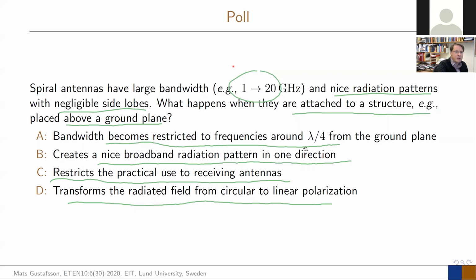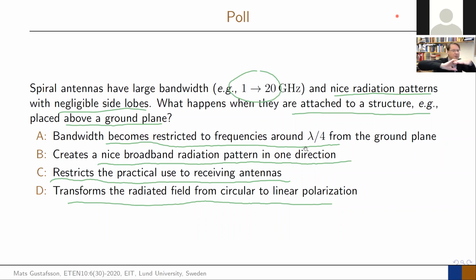So here you can see the results. The first one and the last one had the most votes, that you are restricted to a quarter of a wavelength above the ground plane, and that you do. So when you have this spiral antenna, and if it radiates down, the radiation will hit the ground plane. And of course, you need to add that radiation to what is radiated out again.